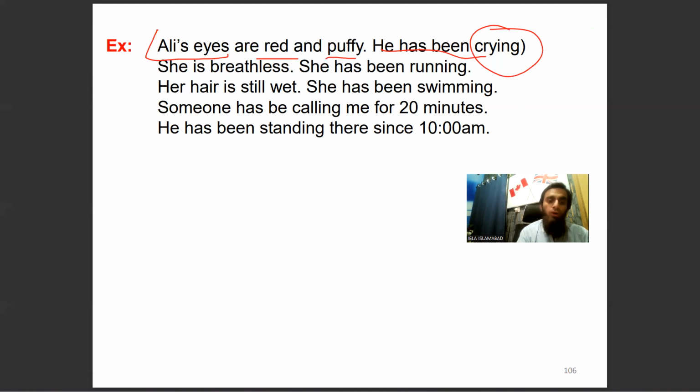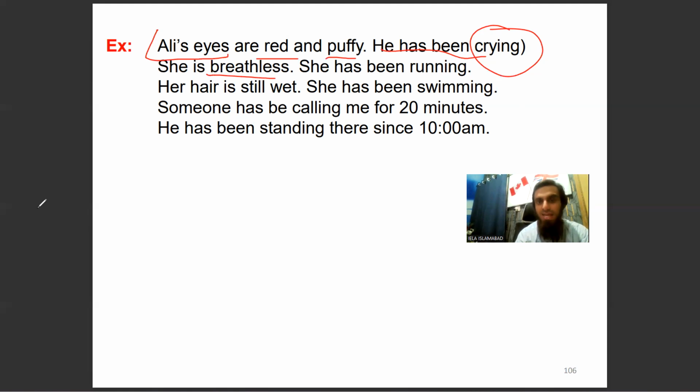Here you can see "has been", the structure we discussed earlier, where we use "has" with it. "Puffy" means the eyes, because of crying, are red and big, because of some bad situation.